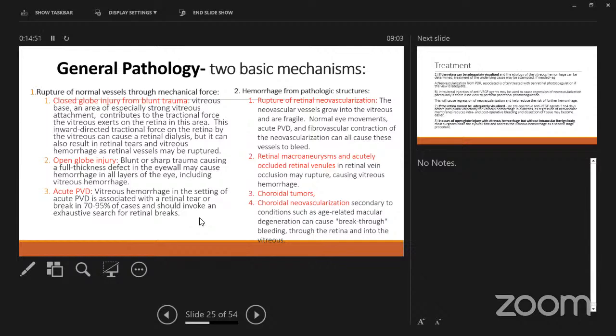Therefore, if the peripheral fundus is visualized, we have to carefully locate the break, because generally it is associated with a retinal tear. Hemorrhage through pathological structures can be because of rupture of retinal neovascularization or macroaneurysm, or a choroidal tumor or choroidal neovascularization causing a breakthrough bleed, as seen in age-related macular degeneration.